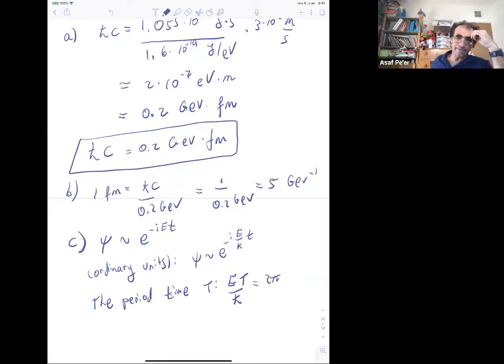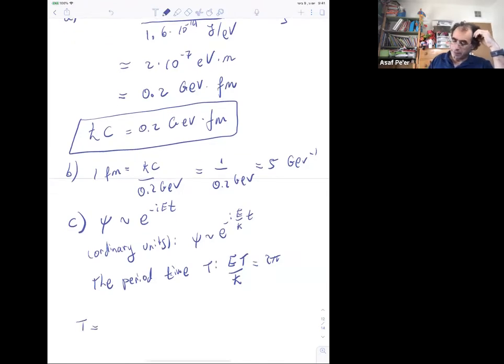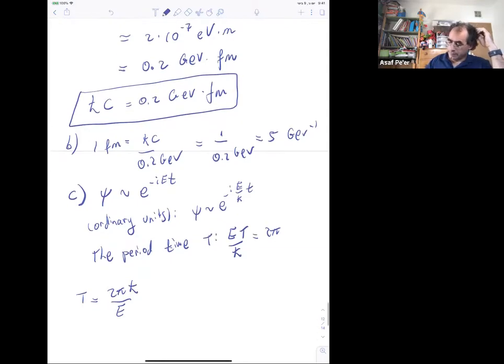So T is just 2 pi H bar divided by E. It's 2 pi H bar divided by mc squared, because we're in the particle's rest frame.